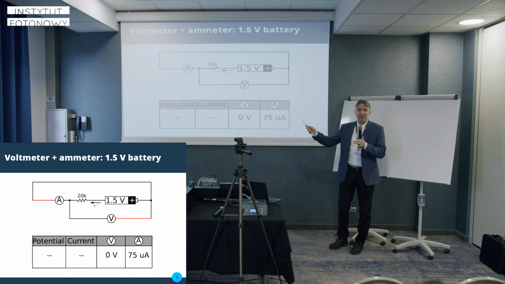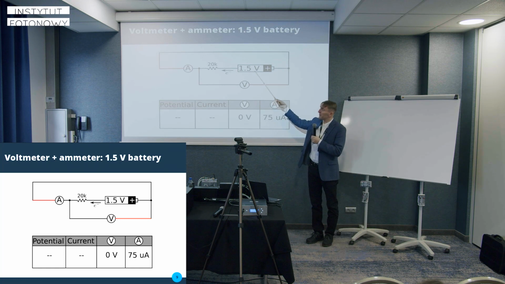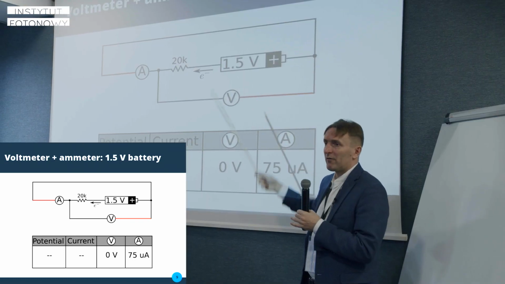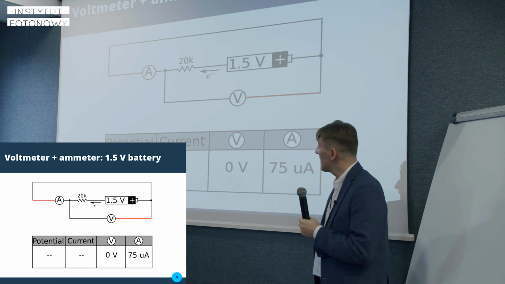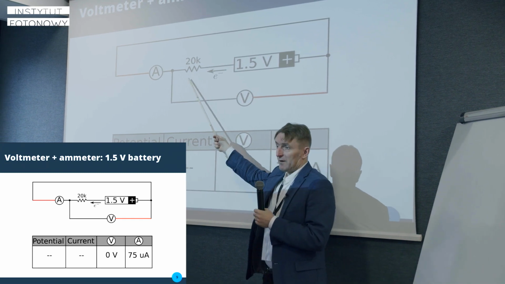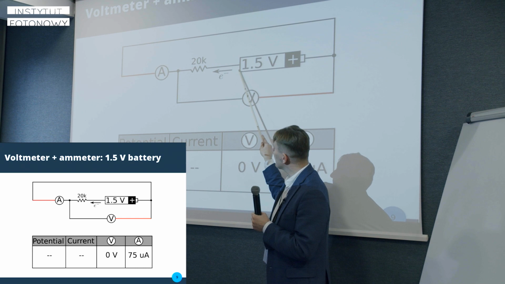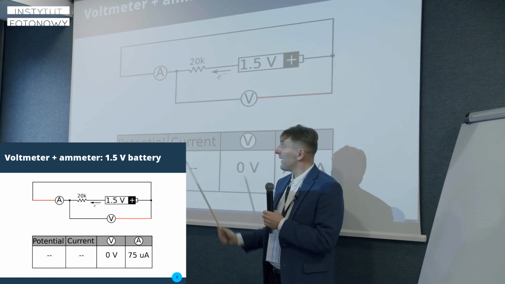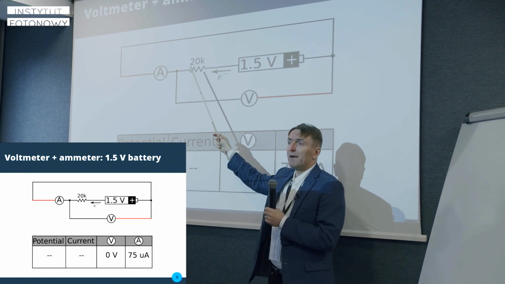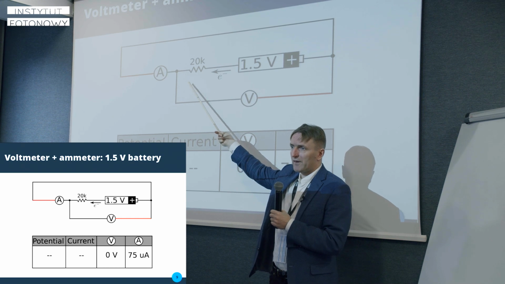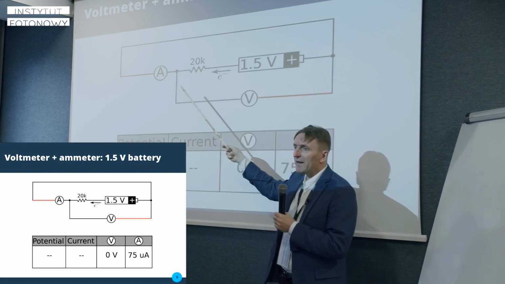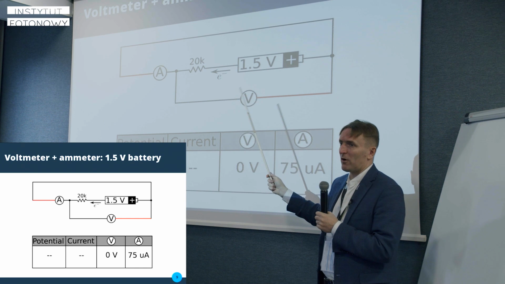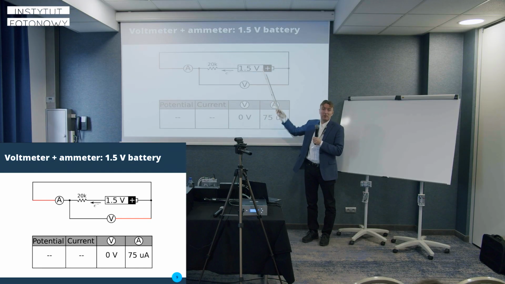However, how to understand those 0 volts? You have 1.5 volt here of the battery, and it did not disappear. It is still there. There is electromotive force giving that voltage here. But there is a resistor, and electrons are flowing in that direction. And there will be a voltage drop on that resistor that will be equal to the value, but opposite in sign, to that voltage.